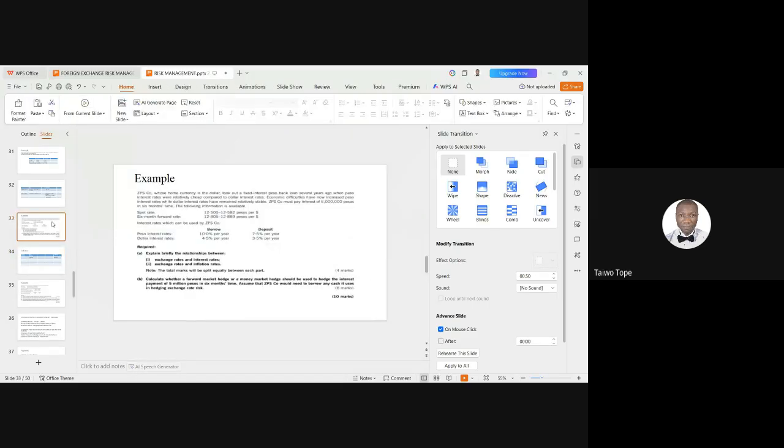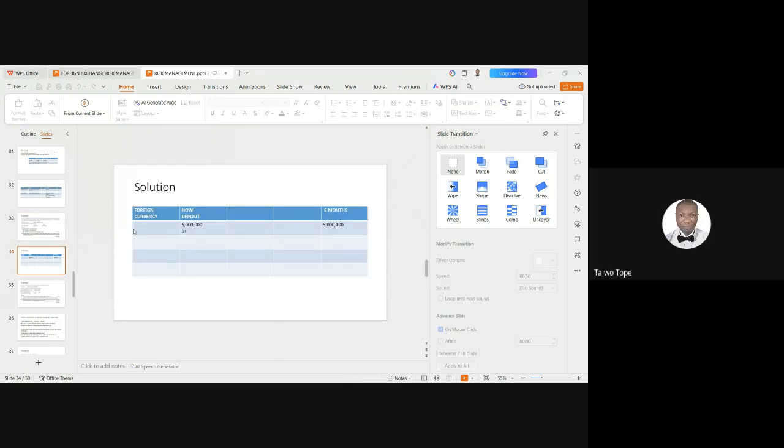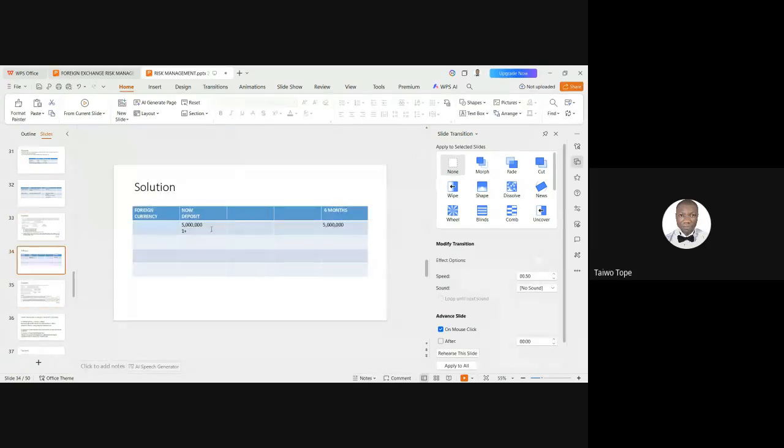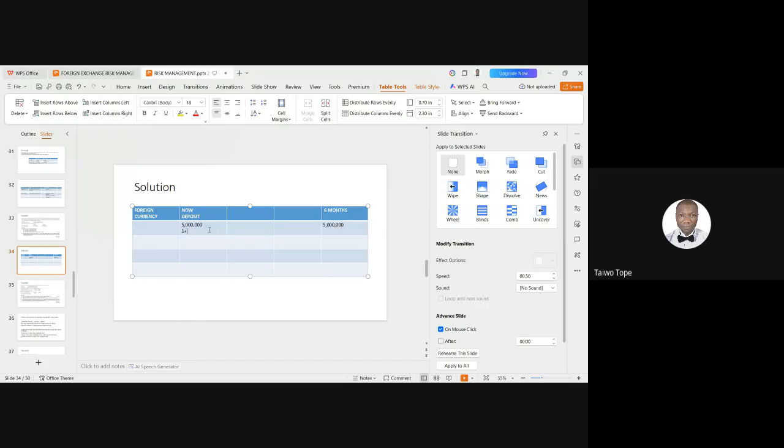We are making deposits in the foreign currency. The deposit rate per year is what? 7.5. So we have it as 7.5.